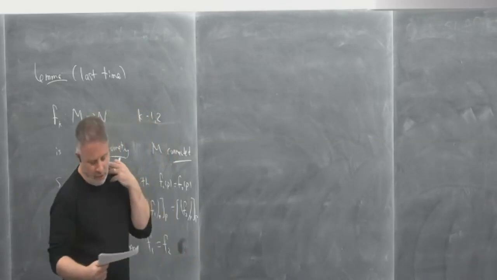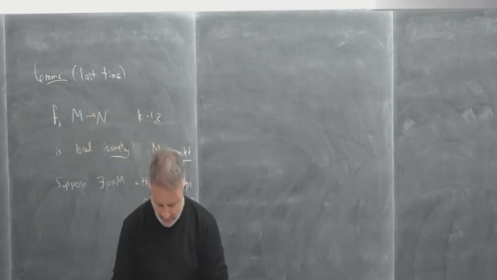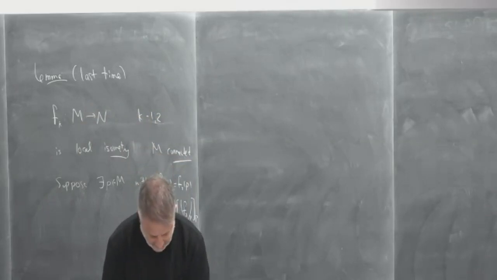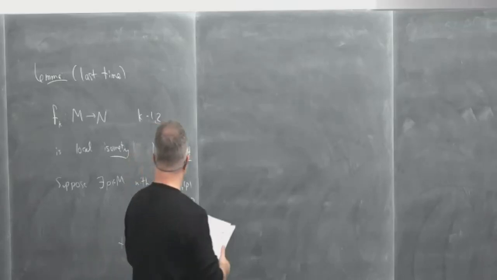Okay, so two local isometries between Riemannian manifolds which agree at a point and whose push forwards agree at a point are the same if the domain is connected. We proved that last time.